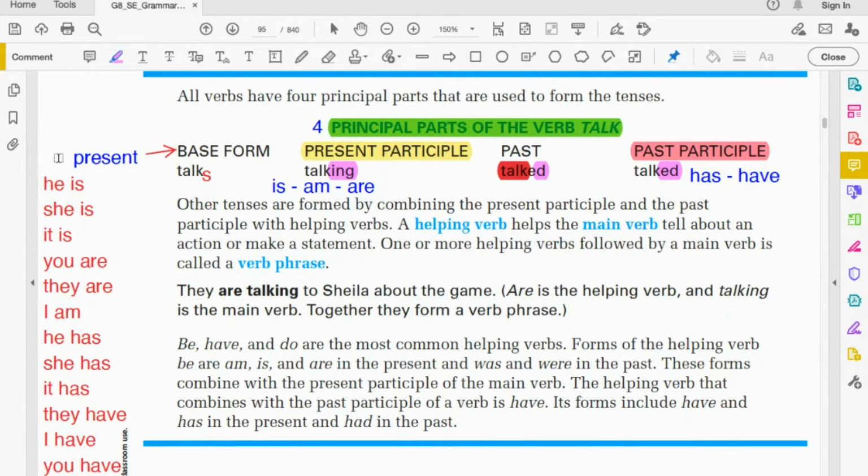It is talking. You are talking. They are talking. I am talking. When I change my subject, when the number of the subject changes from singular to plural, and or when I use you or I, I need to use is, am, or are.